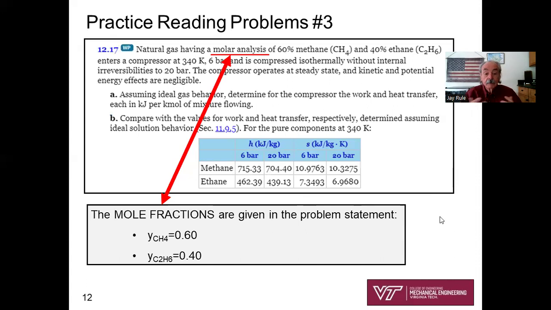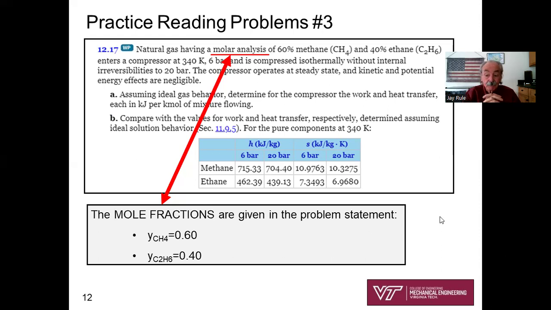All right, let's look at problem 3. Natural gas has a molar analysis of 60% methane and 40% ethane. That's a good model for natural gas. You look at the key words, molar analysis.